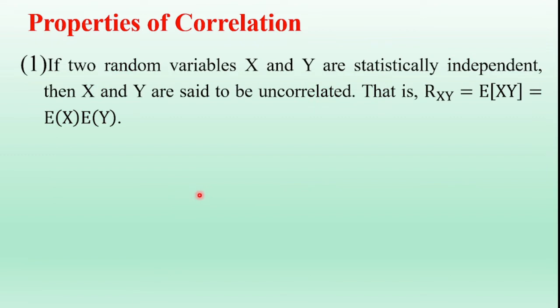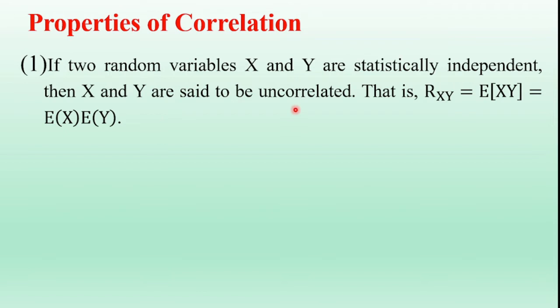Next we are going to discuss the properties of correlation. The first property is: if two random variables capital X and capital Y are statistically independent, then the random variables X and Y are said to be uncorrelated.